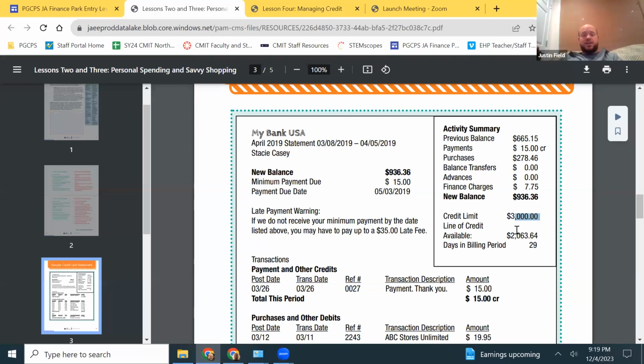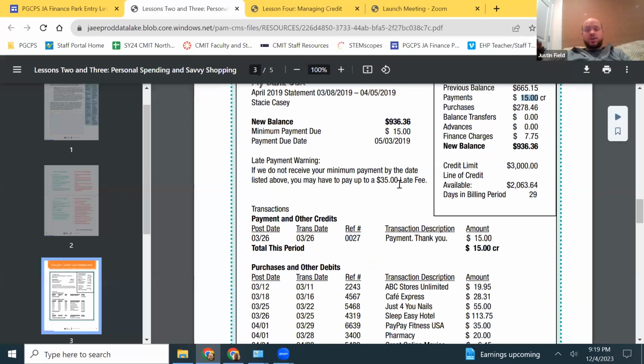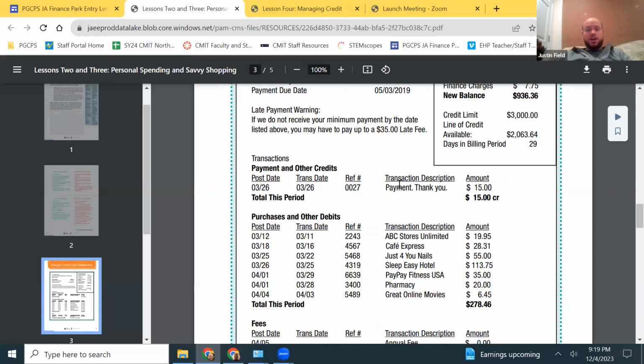The bank is just willing to lend her $3,000, but she has to pay that back. And it's kind of a trap here because they're only requiring her to pay $15, so she's going to think she can keep spending. Okay, I just wanted to go through that a little bit.